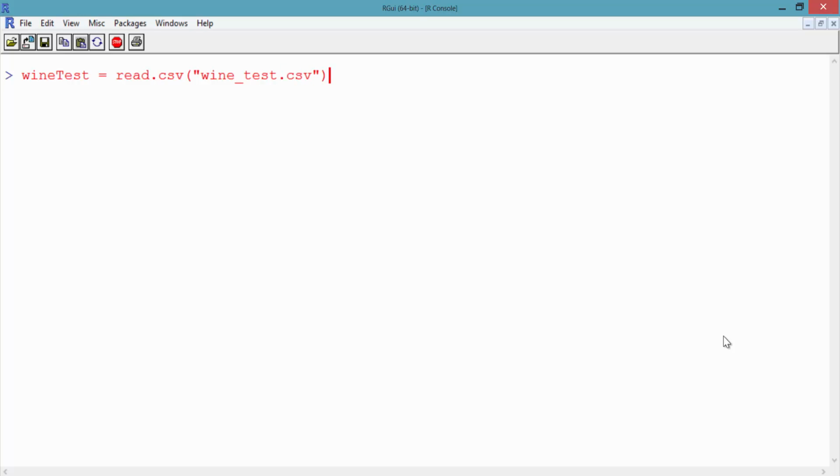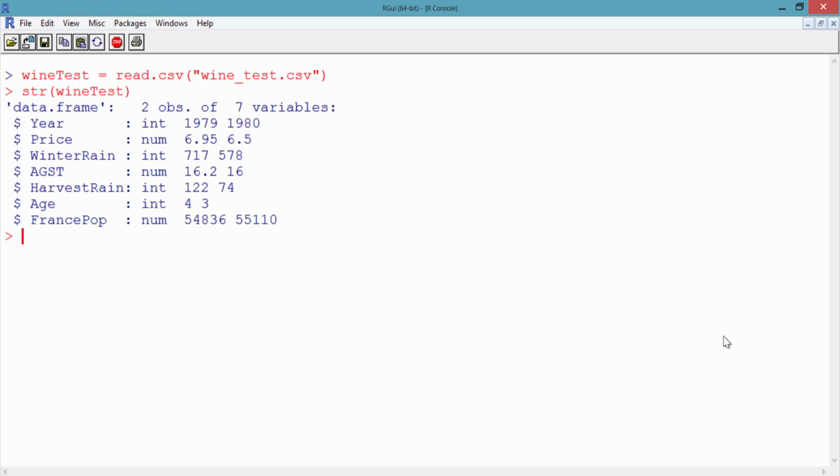Make sure you're in the folder on your computer containing this file before using the read.csv function. If we take a look at the structure of wine test using the str function, we can see that we have two observations and the same 7 variables as before.